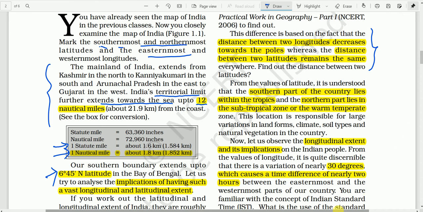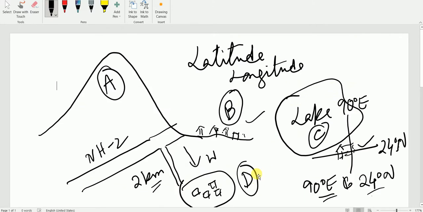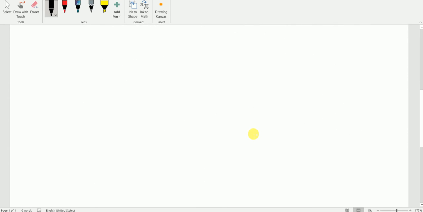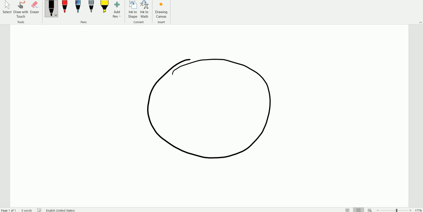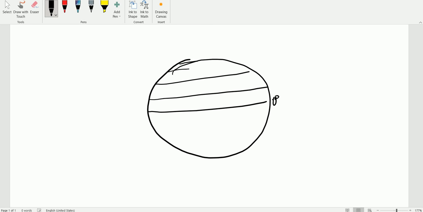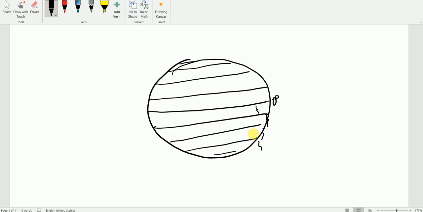I think you may be remembering, let us say this is the earth, and this is the equator. Let us say these are the lines of latitude, and on the globe you will find that the distance between the latitudes remains the same. All these are parallels.